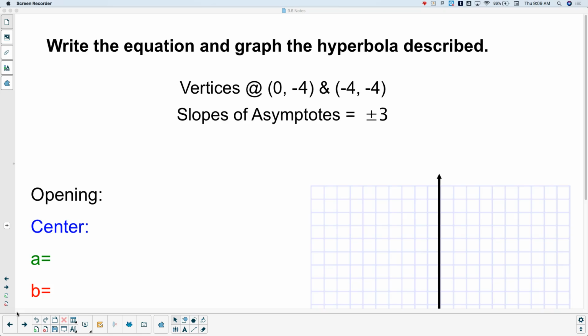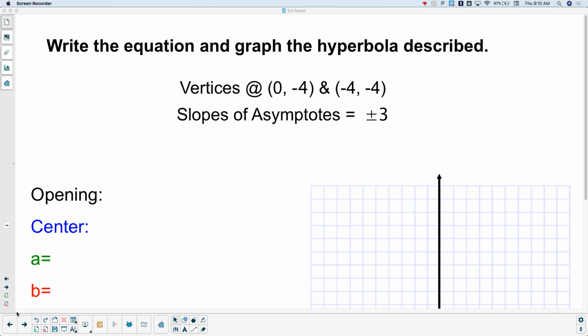Well, today is the 3rd day of hyperbolas, so we are going to be going in the reverse direction today of hyperbolas.